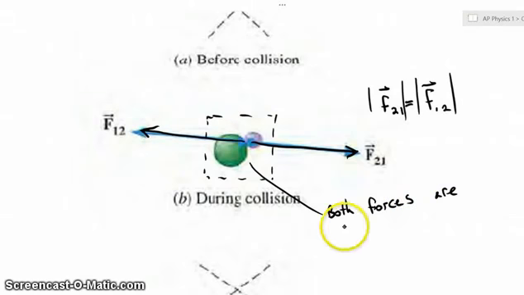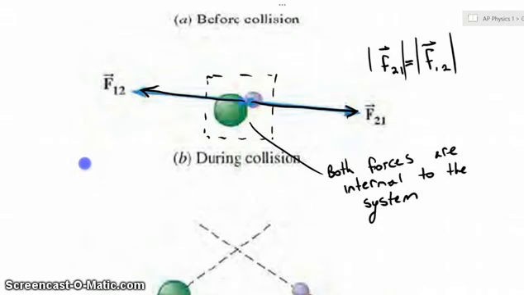So both forces are internal to the system if we define this system as being both objects. And that's something that we're going to use to be able to exploit momentum conservation.